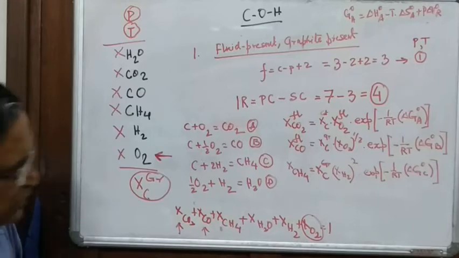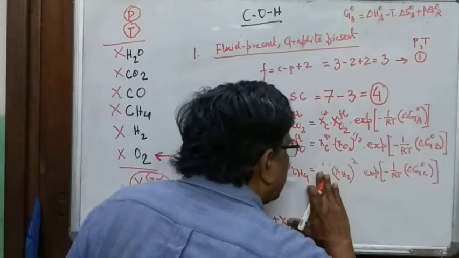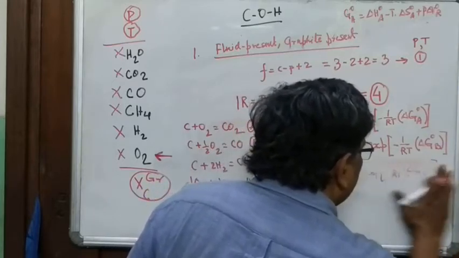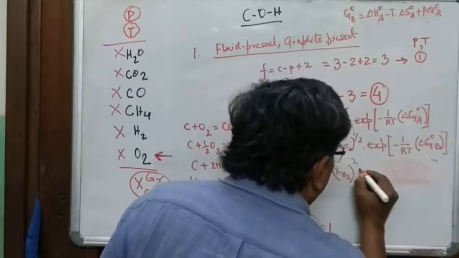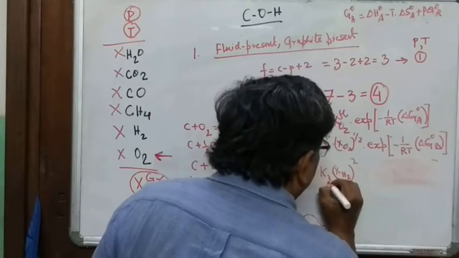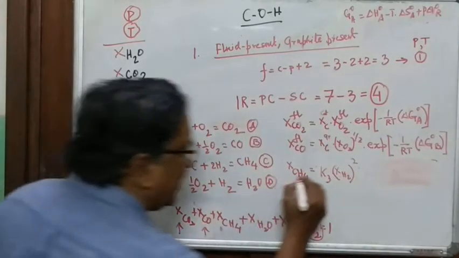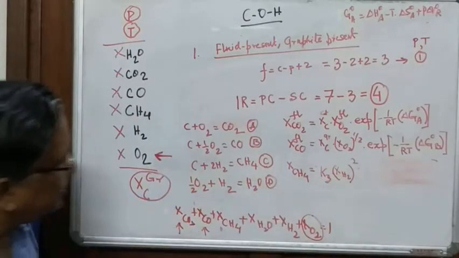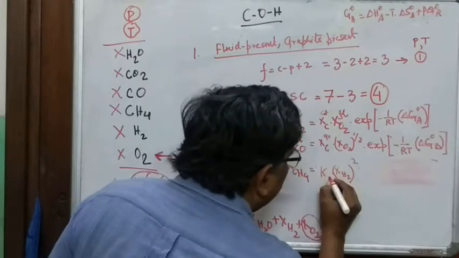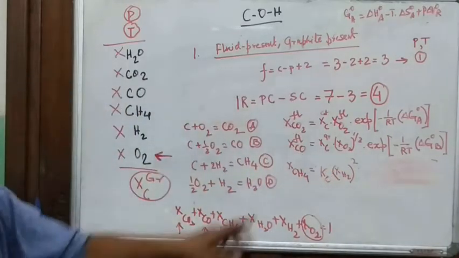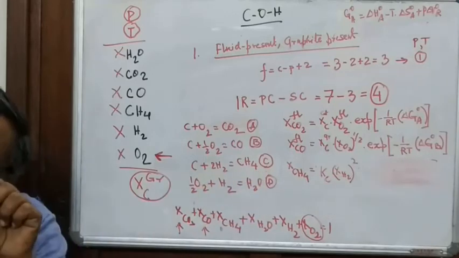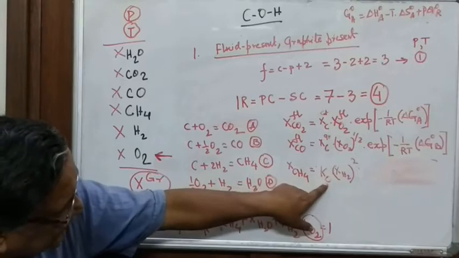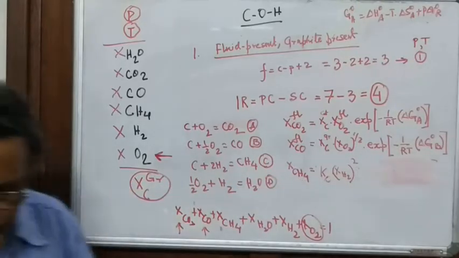So, how do I write this expression? I erase this, and for this I write Kc. Kc is the constant of this at a particular temperature. So XCH4 can be written in terms of Kc into XH2.